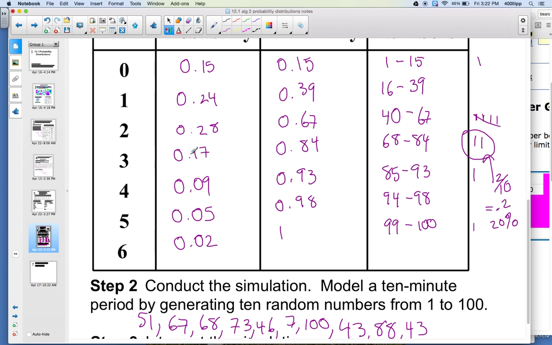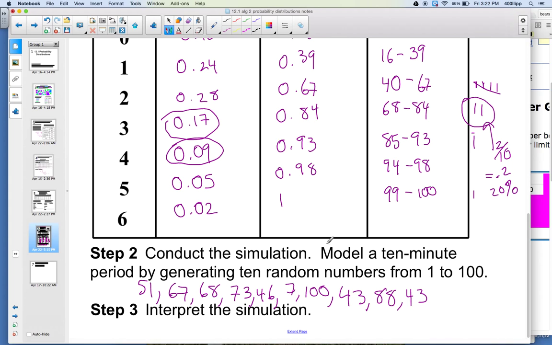And if we look at the probability, this came out with 0.17, which is really close to 20%. But if we kept going with our random number generator, we would have gotten something even more accurate. Same with this one. This is 1 out of 10, and 1 out of 10 is 10%, which is pretty close to 9%.